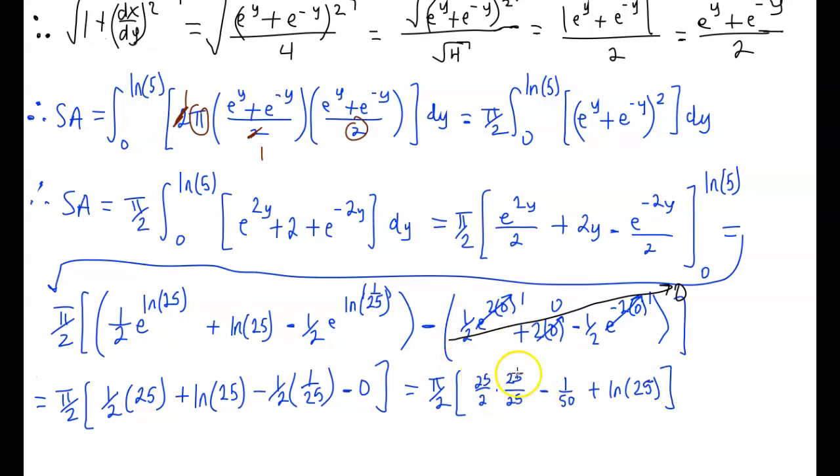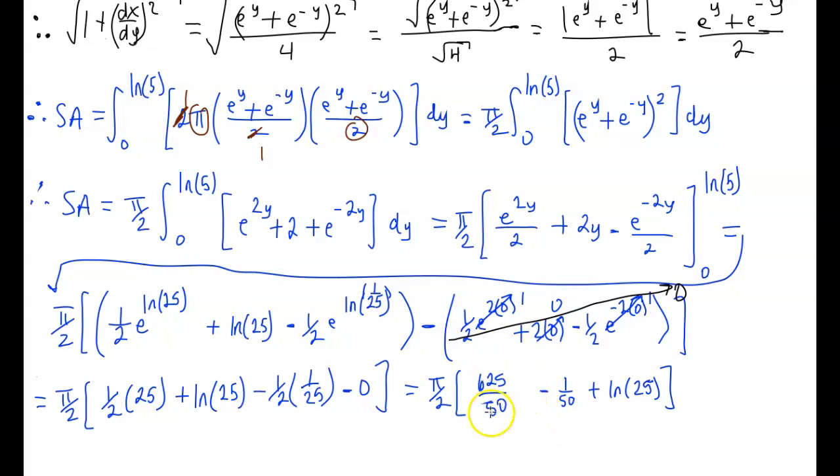Of course, 25 times 25 is 625, and so this first term here would just be 625 divided by 50. Okay, so I'm going to erase that and just put that in. So this would be 625 divided by 50.